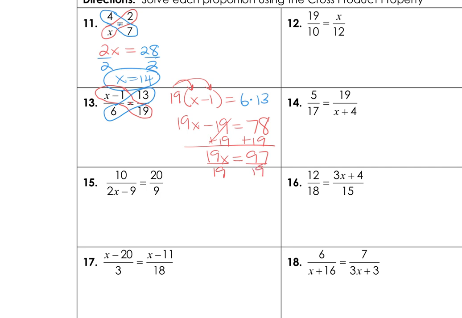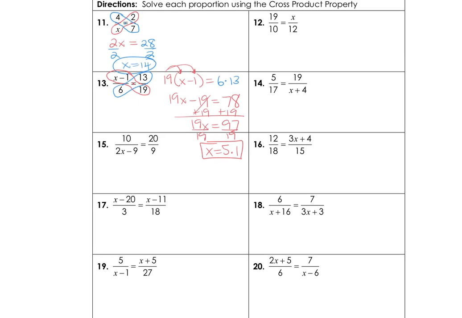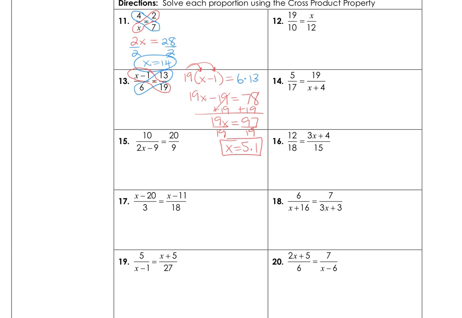Oh, goodness. Pushed it in the calculator wrong. 97 divided by 19. I'm getting a decimal, so I'm getting x is equal to 5.1. It goes on past that. It's like 5.105, but I'm just rounding it there. Okay. We'll continue taking a look at some of these odd ones.